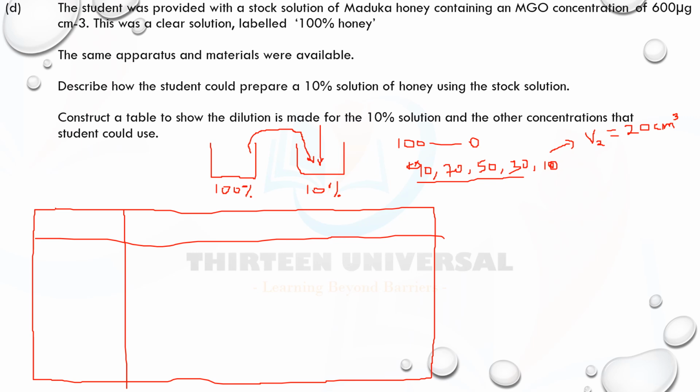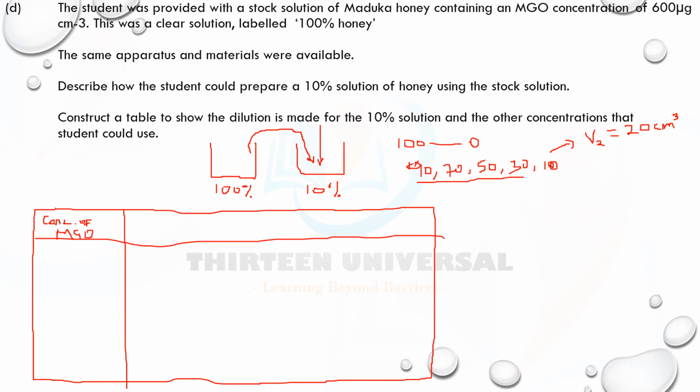So I'll just say conc of Manuka. Manuka is MgO, right? So MgO is a cute name. MgO, okay, that's good.